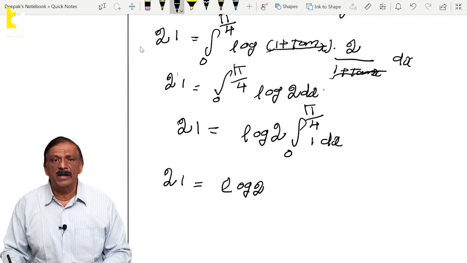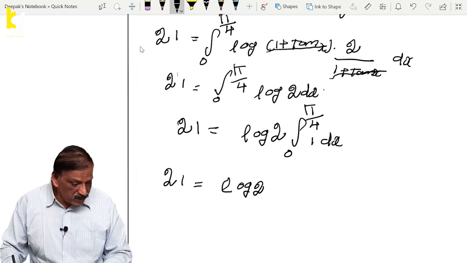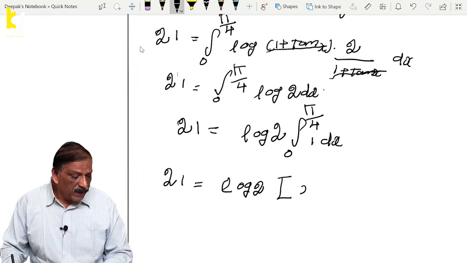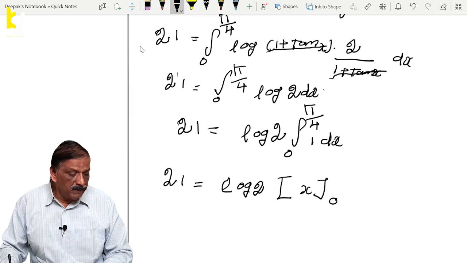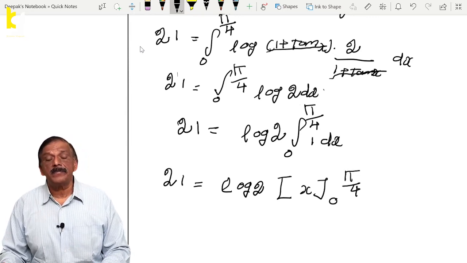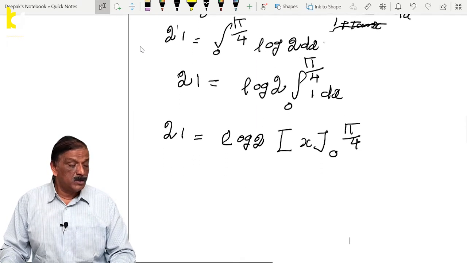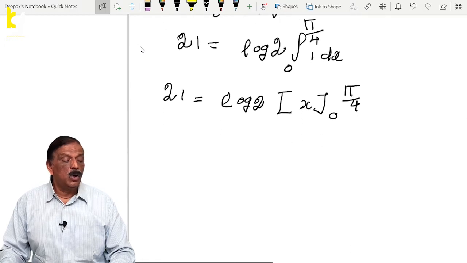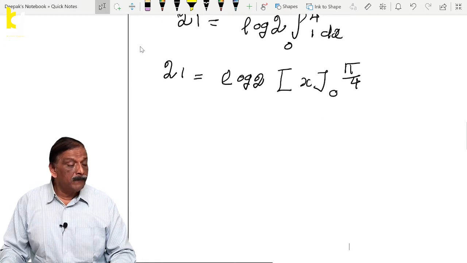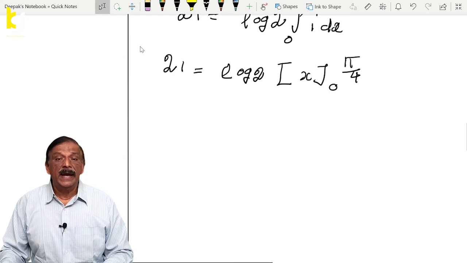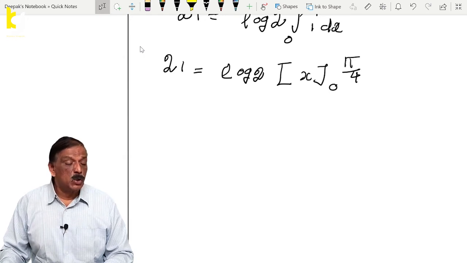Integral 1 dx equal to x. So this is equal to x, limit is 0 to pi by 4. Clear? If you have any doubt in any steps, please comment in my comment box. So 2I is equal to log 2 into x, limit 0 to pi by 4.